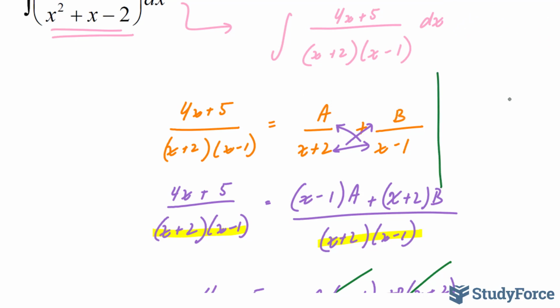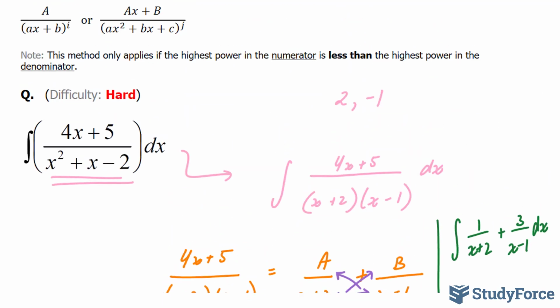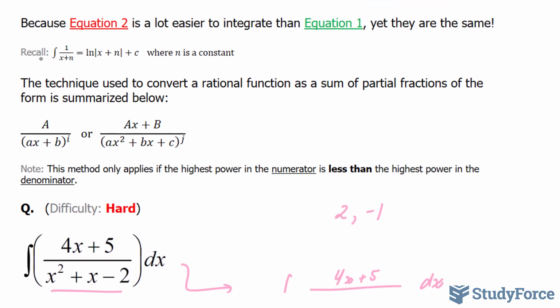So let's do that over here, where we have the integral of 1 over x plus 2 plus 3 over x minus 1 dx. I'll use this fact that the integral of 1 over x is the ln of the absolute value of x plus n, where n is a constant.